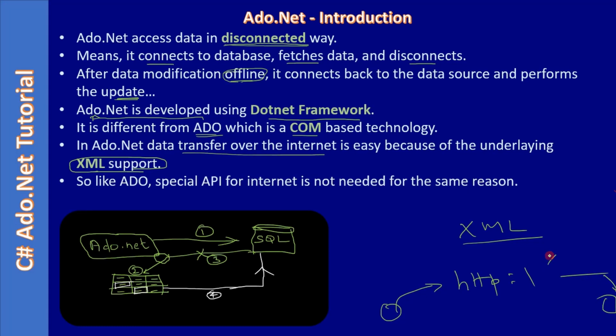So you can transfer XML, thereby you can transfer the database. Suppose you want to transfer an employee table, you can simply generate the records in the form of XML, transfer it over the internet, and at the receiving end it will be parsed back to get the employee records.